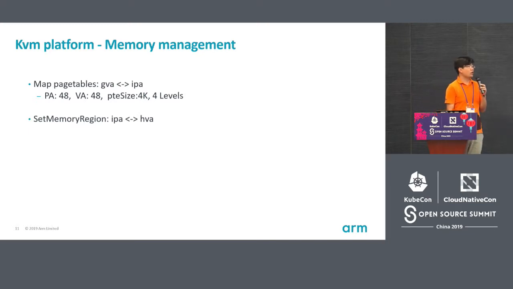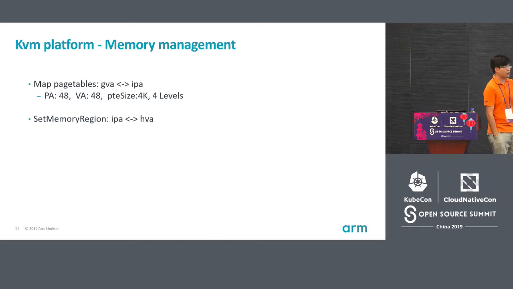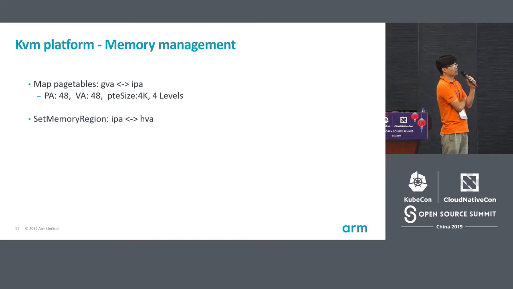Now let's look at the KVM platform. If we're going to achieve the KVM platform, the first thing we need to focus on is gVisor's memory management. On the ARM platform, our memory management and page tables are different.